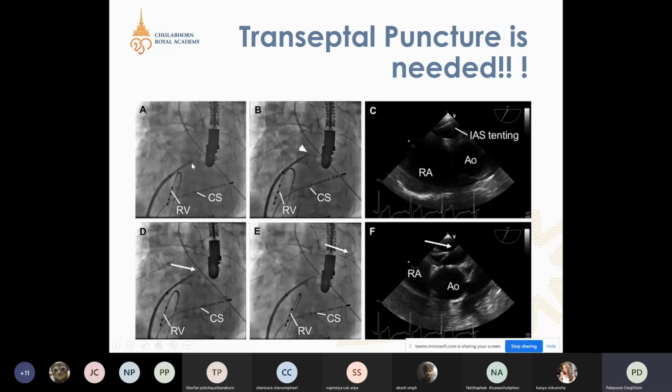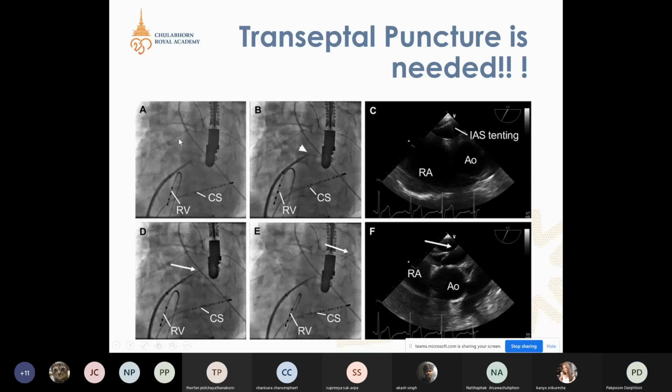Okay, start from picture A. After the dilator and the sheath are pulled from the SVC, maybe over here, we make two drops, right?